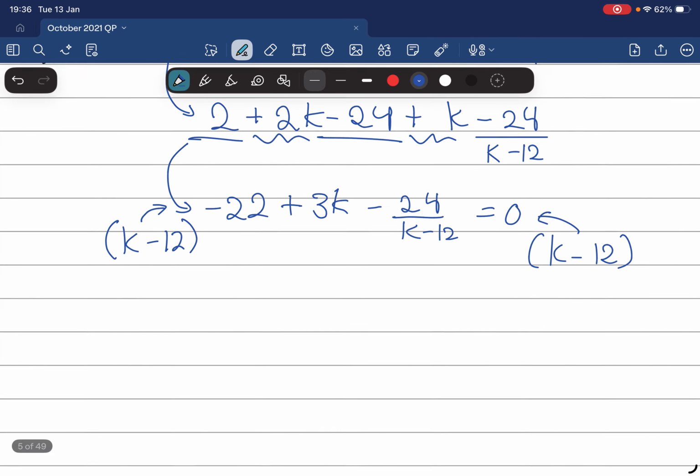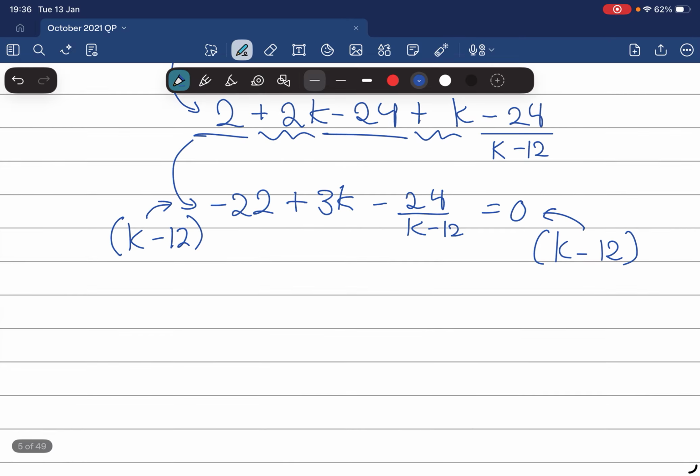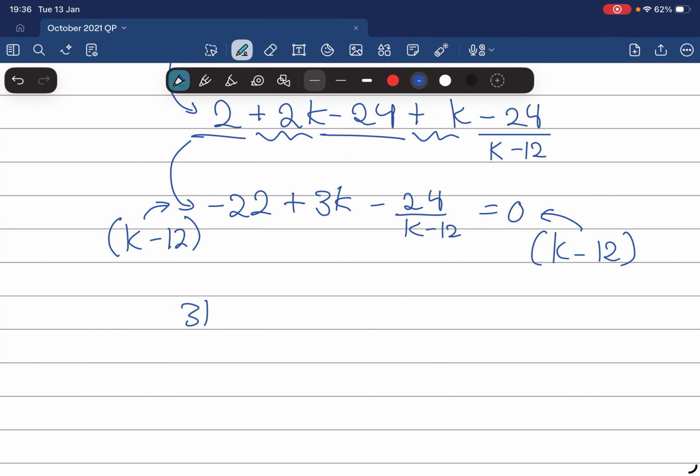So you know, that's going to be a minus 22. I'm just going to put the k over here. So 3k, k minus 12, minus 22, k minus 12, and that is equal to 24 because the k's cancel out. K minus 12, if it were to times that, it would cancel out with that, and then it would just be like, bye.